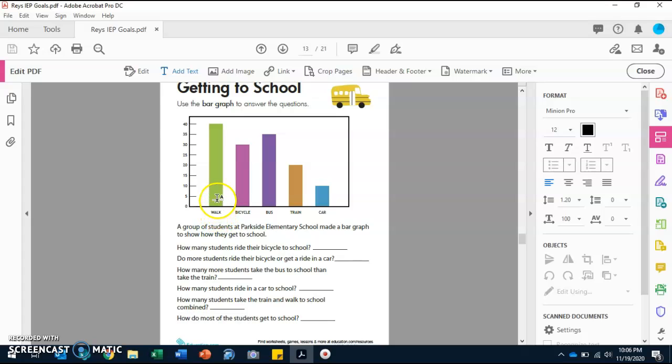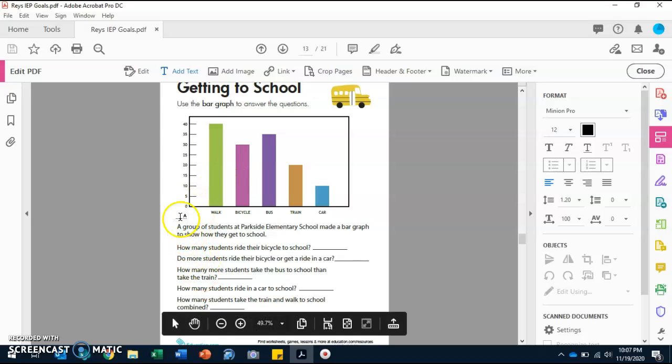Some might walk, others might ride the bike, others use the bus. In some places where there are trains, some might use the train, and others use a car. And as we see, they're counting by 5s, and we're going to use this bar graph with the information they're giving us to answer the following questions.